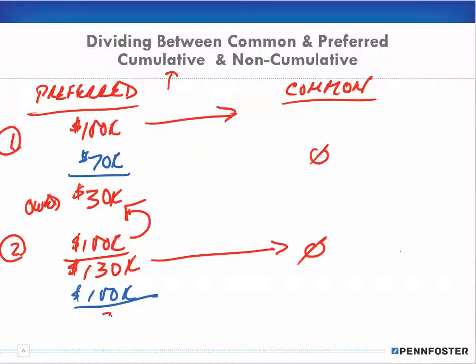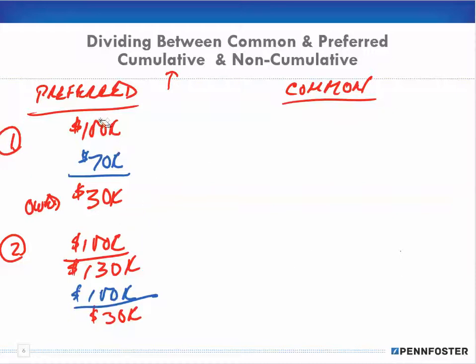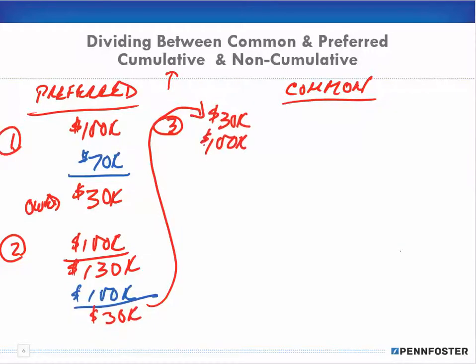So now at the end of the second period, preferred is still owed $30,000. Okay. Now, let's say in period 3, now remember, preferred is still owed the $30,000. Okay, so for the third period, preferred gets an additional $100,000. So now they're owed $130,000, right?